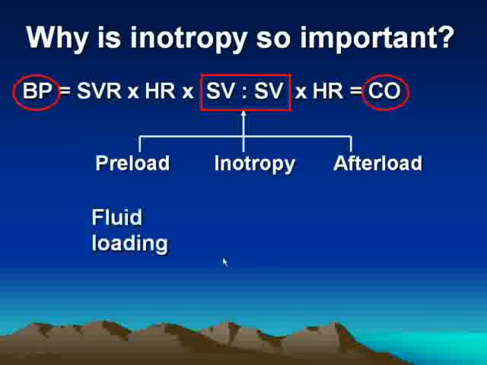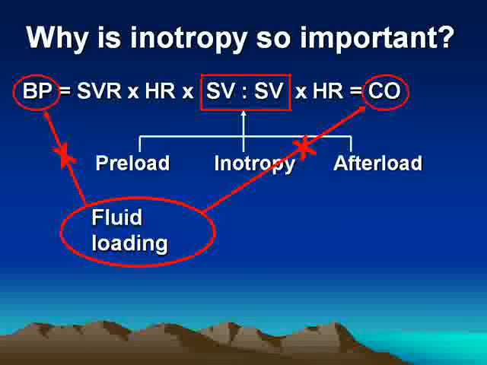So where does fluid loading come into this? Well, unfortunately, our fluid loading is trying to increase BP or trying to increase cardiac output. But there is no direct pathway that links fluid loading to BP or to cardiac output. Fluid loading only works by increasing ventricular preload.